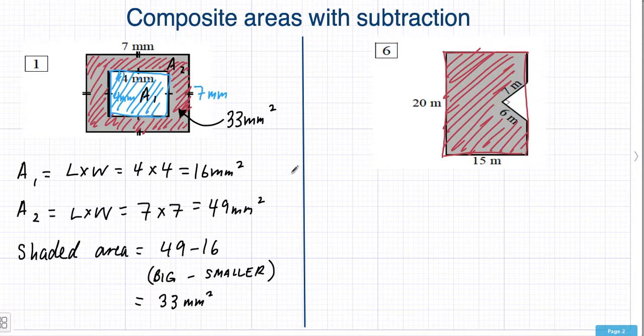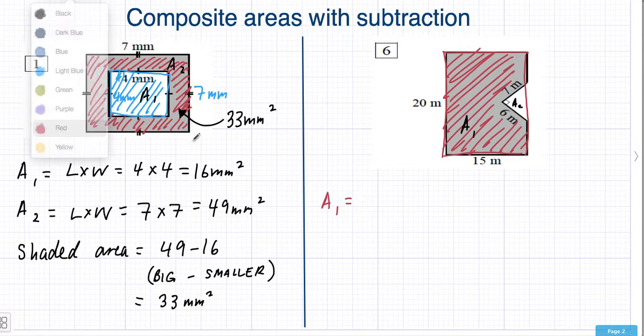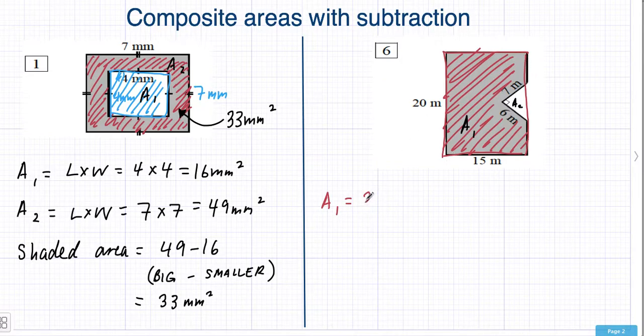So first of all, I'll just do these colour coded. Area 1 is going to be my rectangle. Area 2 you can see is a little triangle. So area 1 is my whole big red rectangle, 20 times 15. 2 times 15 is 30, and add on another 0. This will be meters squared because the units here are meters.